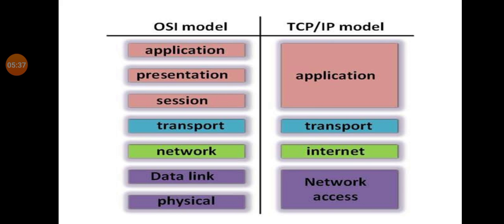This layer is also responsible for the transfer of information across different networks through the use of routers and gateways. So it will transmit the information across different networks.